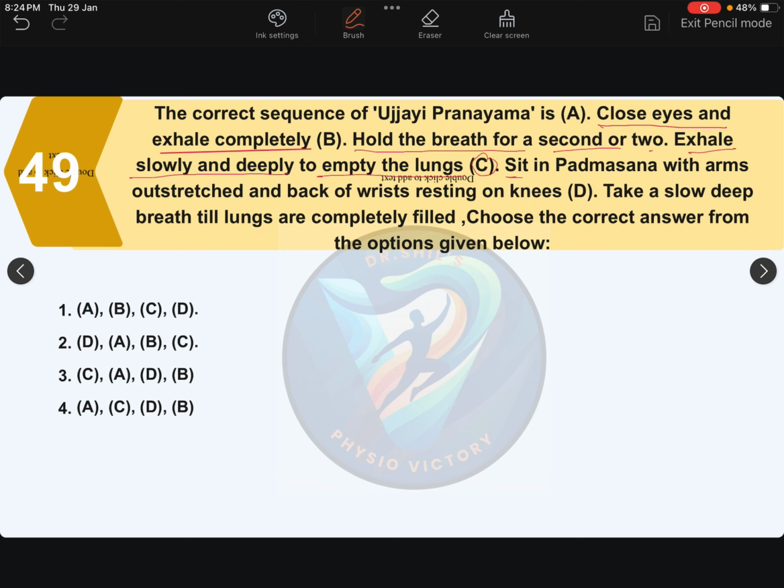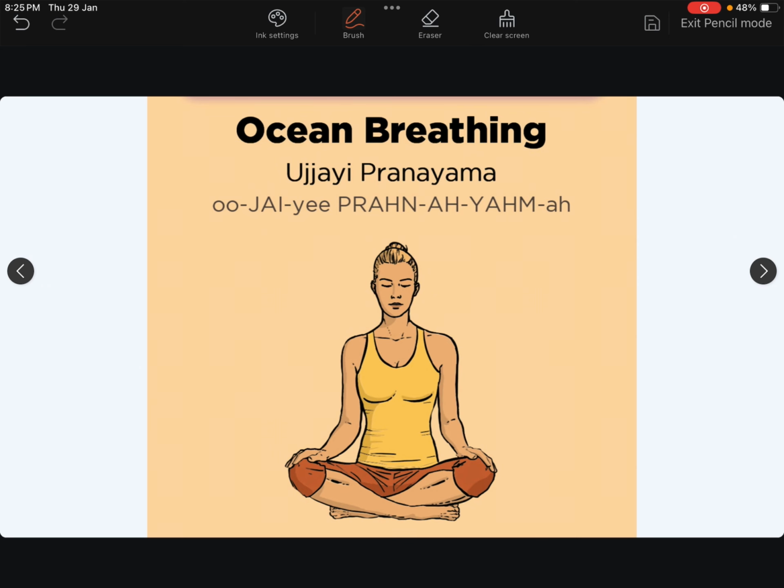C. Sit in the Padmasana with arms outstretched and back of wrists resting on the knees. So C सबसे पहले होता है. So C सबसे पहले इसमें ही है, तो और कुछ पढ़ने का जरूरत ही नहीं है. C is the correct answer. Option 3 is the correct answer. This is basically the Ujjayi Pranayam phase. It is also called ocean breathing.